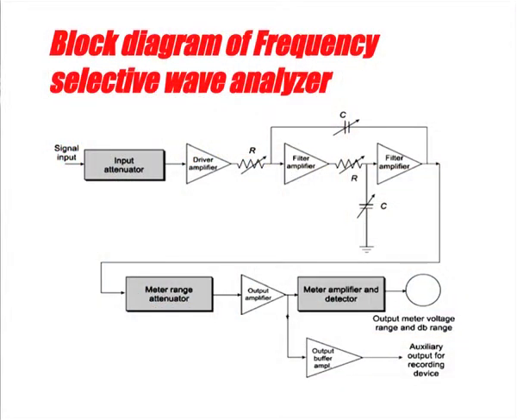Now, this shows the block diagram of the frequency selective wave analyzer. The input signal which is to be analyzed, which has a cluster of a number of frequency components, is first of all fed to the input attenuator. The signal is attenuated, we can decide the range of the input signal.